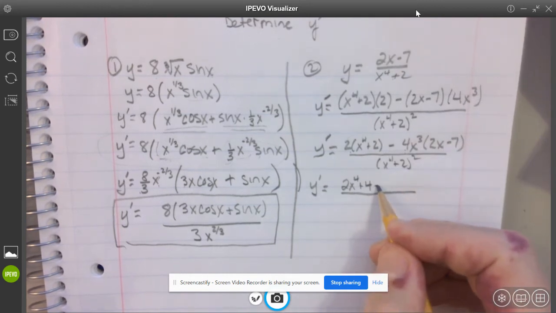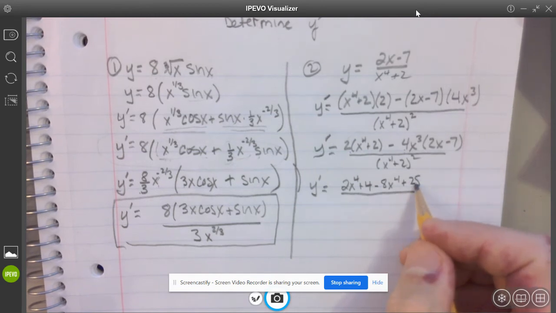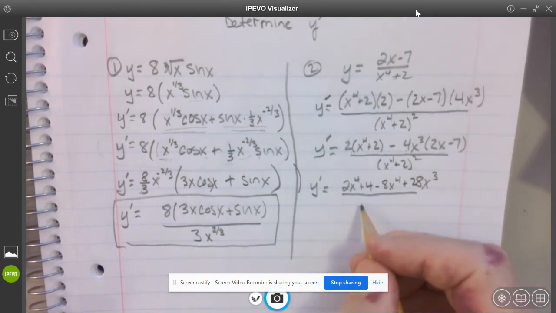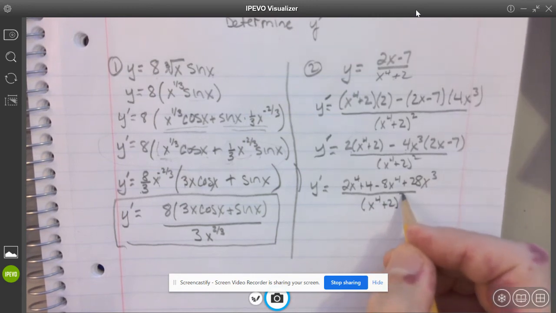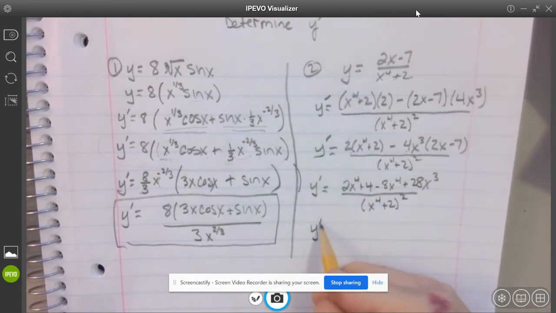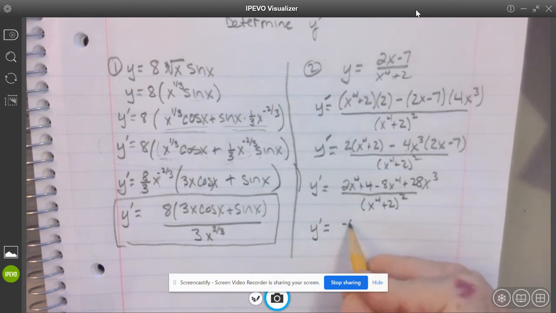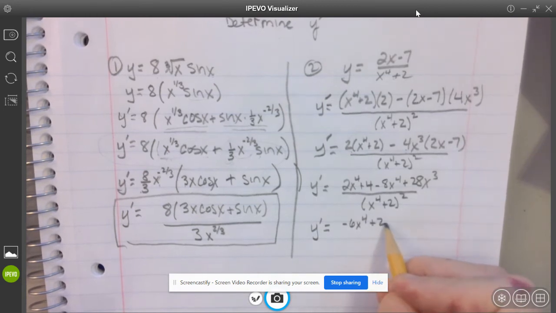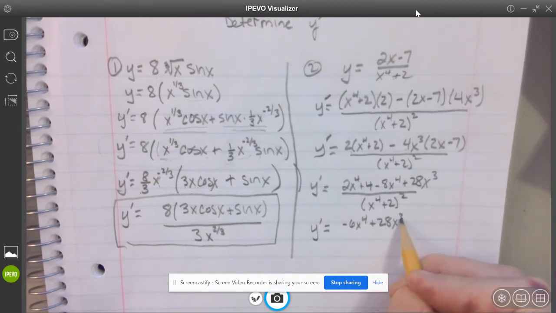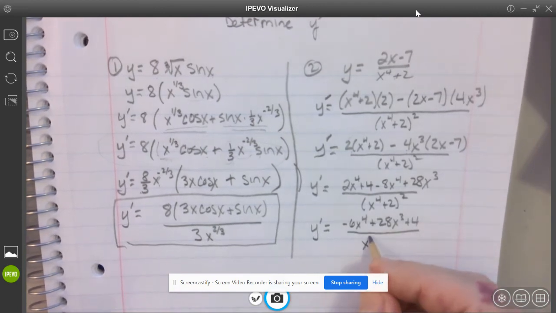So we have minus 8x to the 4th plus 28x cubed. And I'm never touching the bottom because that's already nicely factored for us. Combine like terms. 2x to the 4th minus 8x to the 4th is negative 6x to the 4th plus 28x cubed plus 4 all over the bottom squared.